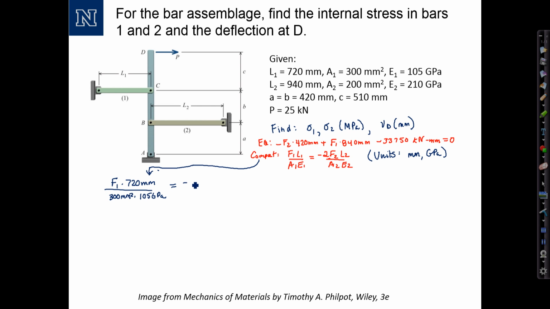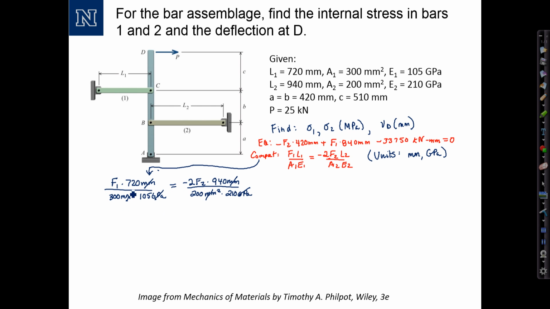Set that equal to negative 2 F2 times L2 940 millimeters divided by A2 200 millimeters squared times E2 210 gigapascals. And as I mentioned, the units completely balance out on the two sides. So I got millimeters on both sides, millimeters squared on both sides, and gigapascals on both sides. So I can cancel them out without any further concern.